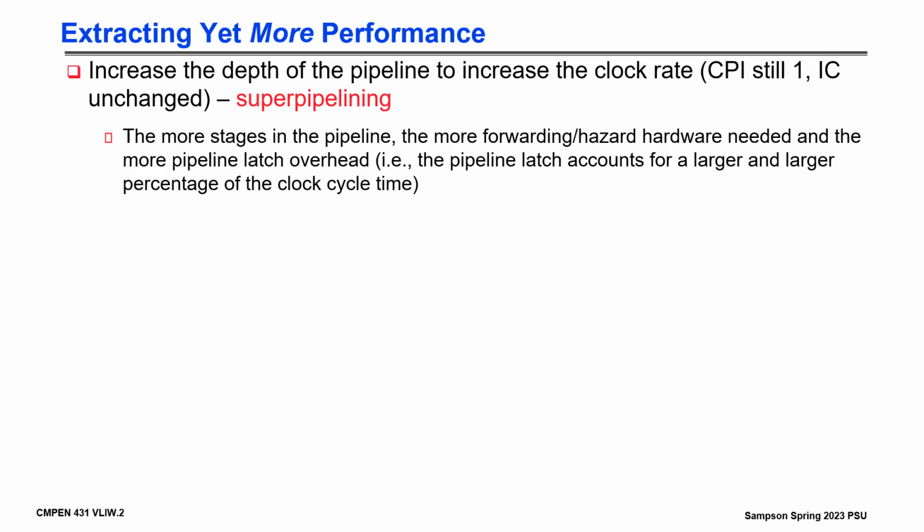Your hardware budget may be going up, but your ability to actually fit everything within a clock cycle is still going to be subject to those quadratic constraints. Things aren't going to scale indefinitely, right? And diminishing returns, right? You spend more and more of your time just storing and retrieving data out of pipeline latches. At some point, as I said with the Pentium 4, you had entire stages where you did nothing but retrieve, move the data somewhere else, and store it again.